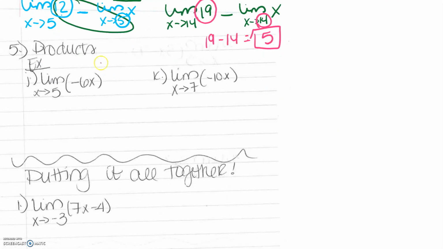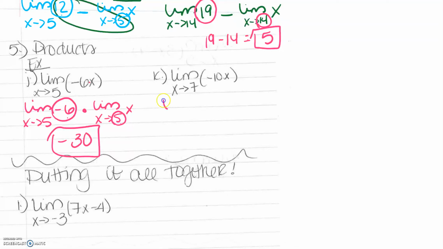Same thing. Now we're going to be multiplying: the limit of -6 as x approaches 5 times the limit of x as x approaches 5. The limit of the constant is the constant, the limit of the identity is the limit. -6 times 5 is -30.